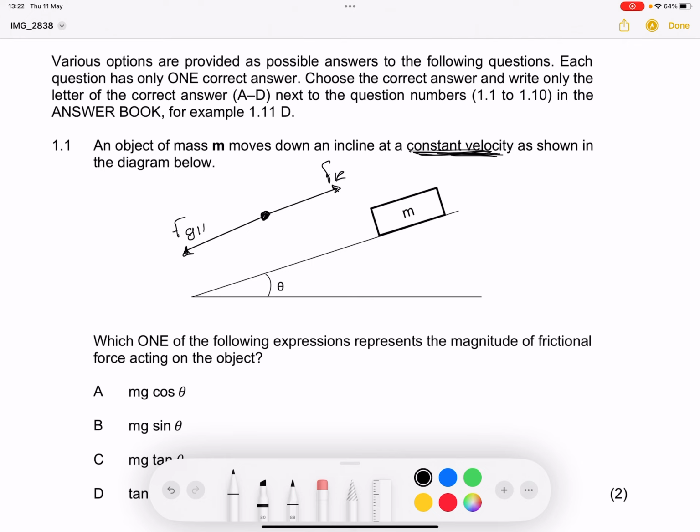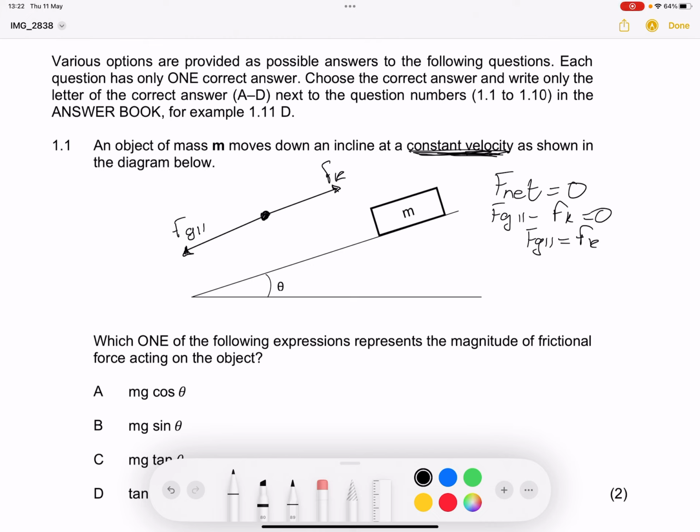So that simply means that F net is equal to 0, because of constant velocity. So that's Fg parallel minus the frictional force equals 0, and so Fg parallel is equal to the frictional force.